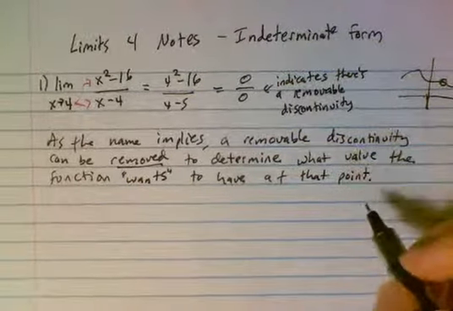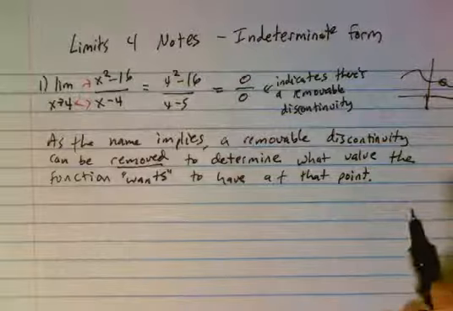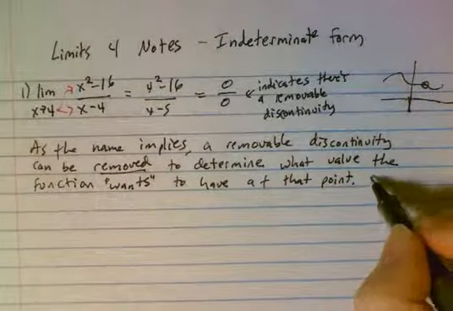We remove a removable discontinuity by manipulating the expression until something cancels out.